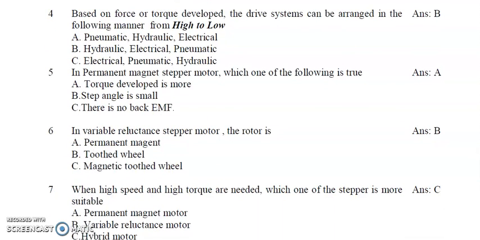Fourth question, based on force or torque developed, the drive systems can be arranged in the following manner from high to low. So now it is in descending order, high to low. A. Pneumatic, hydraulic, electrical. B. Hydraulic, electrical, pneumatic. C. Electrical, pneumatic, hydraulic. Always remember the highest torque or force can be developed by the hydraulic system.